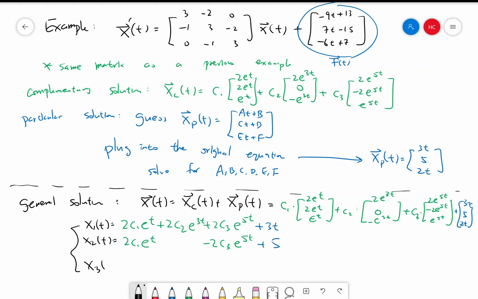And x3 is c1 e to the t minus c2 e to the 3t plus c3 e to the 5t plus 2t. And if you do have initial conditions, then you can solve for c1, c2, and c3, but we're going to end the section here.